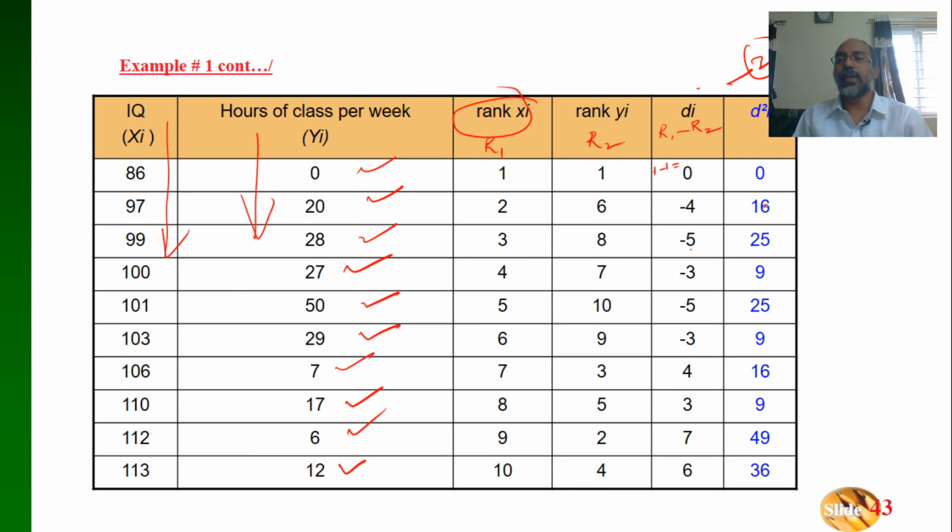Minus 4 into minus 4 is 16, so the negatives all become positive. 5 fives are 25. 3 threes are 9. 5 fives are 25. 3 threes are 9. 4 fours are 16. 3 threes are 9. 7 sevens are 49. 6 sixes are 36. Now we need to take the total, sigma.